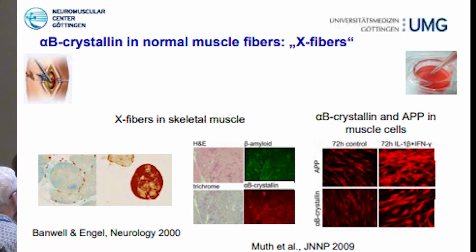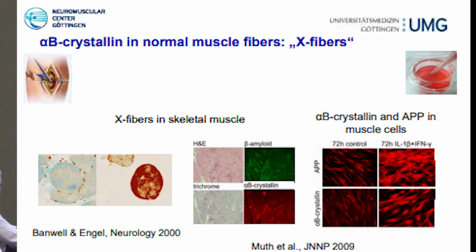These X fibers are present in the muscle of IBM, and the fibers appear completely normal. They have a normal size, the nuclei are where they are supposed to be, there are no vacuoles, there is no protein accumulation, they look healthy.